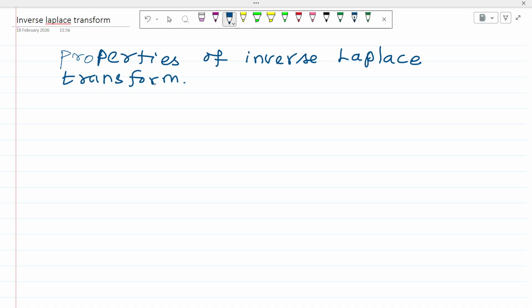Are you able to see this word? Is it clear? Okay, fine. See, properties of inverse Laplace transform.